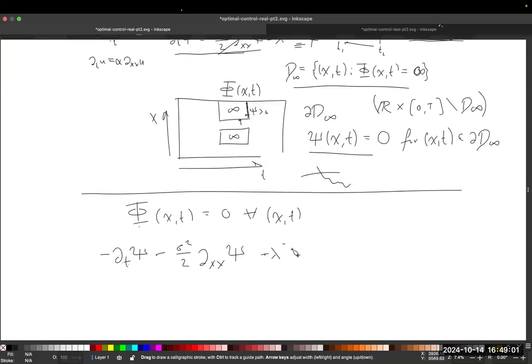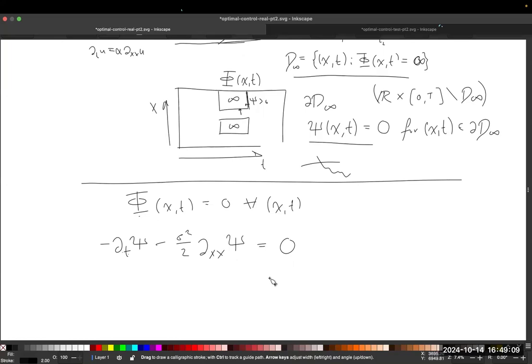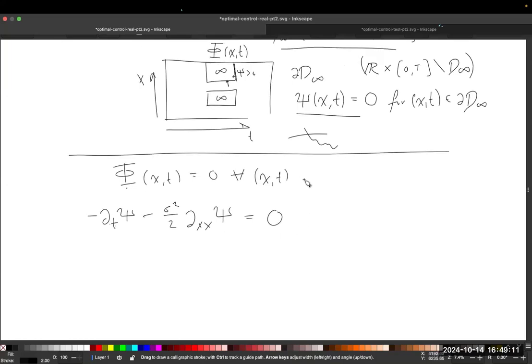Okay, and we don't need this term because we're setting phi equal to 0 everywhere. So we just have this nice diffusion equation to solve. And we're looking at a case where we're solving over the reals, on some finite interval 0 to T.